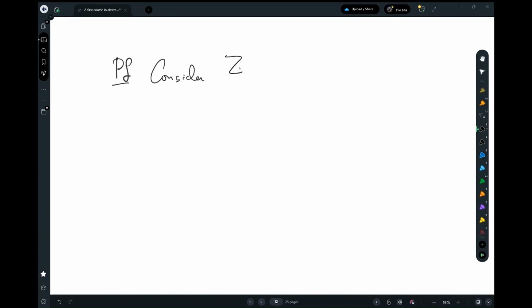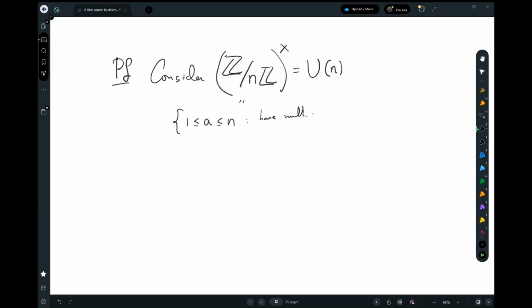Consider Z modulo nZ cross, which is U_n. This is a group under multiplication, and these are precisely those numbers between 1 and n that have multiplicative inverses modulo n.